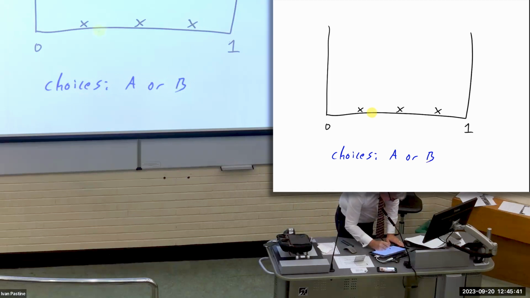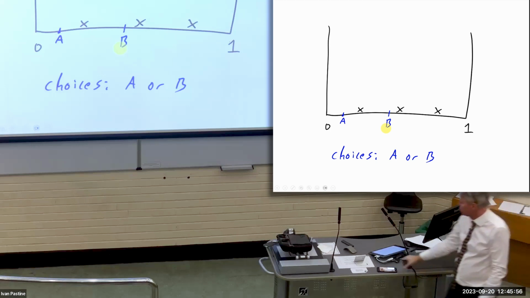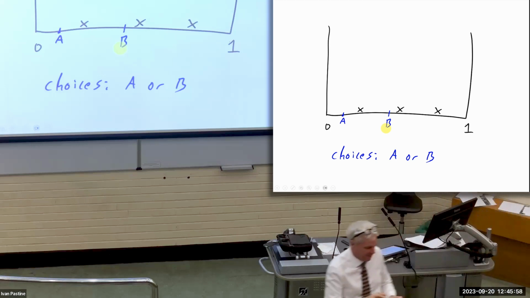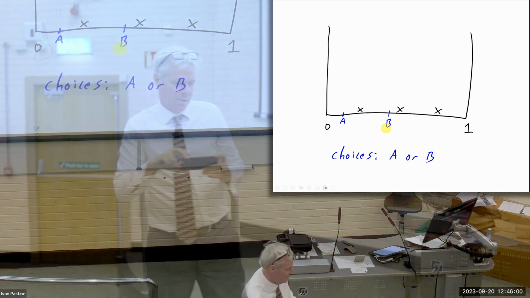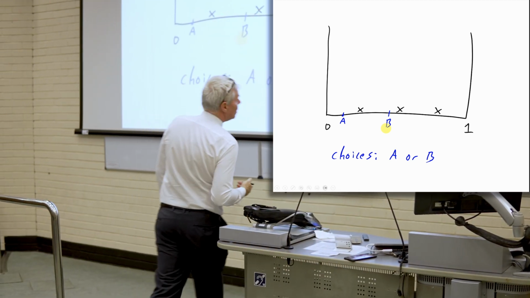So let me put A here, and we'll put B here. Those things come up for a vote, and we've got these 3 guys that are going to vote, and they're going to decide everything by majority rule, just like back in the day. Let's see what's going to happen.